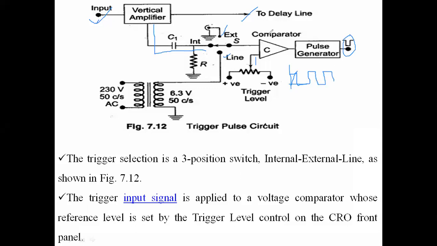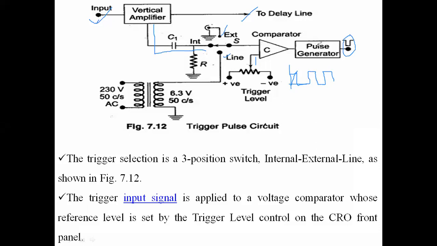The comparator compares the applied input signal with respect to the given trigger level. We can choose the trigger level, whether it is very low or very high. Depending upon that, the comparator compares the applied input signal, and it will be converted into pulse form.